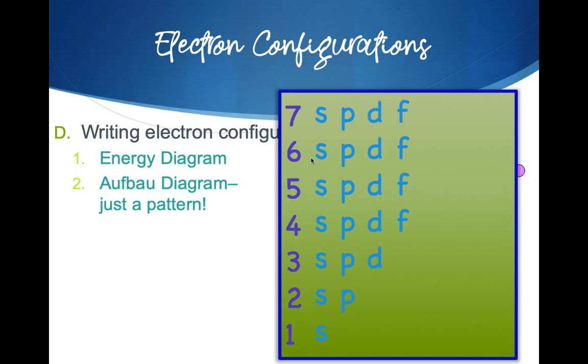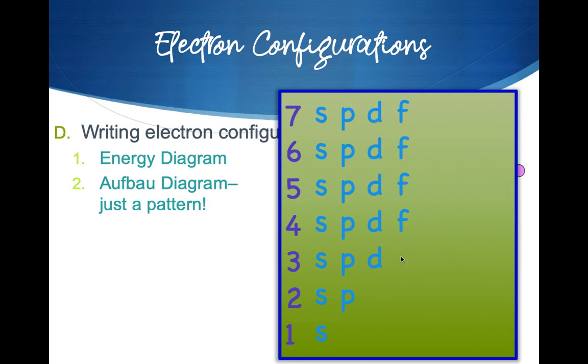But then here's the tricky part. 1S fills, and that's obvious because there's no other choices. 2S fills, and then 2P fills, that's obvious. But once you start getting into more complicated areas of the electron cloud, parts of the energy levels and sublevels start to overlap.